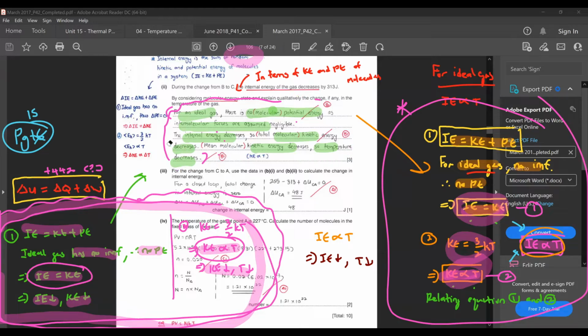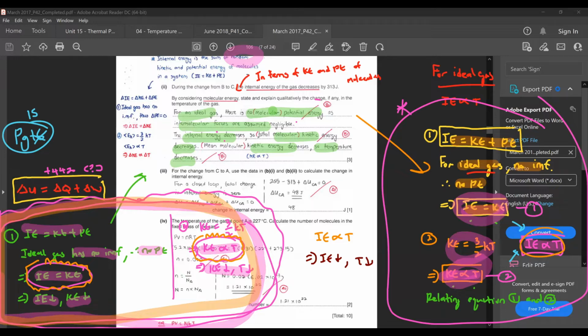The complete understanding is step by step, this one. But when you write the answers, certain things are omitted. Like IE is equal to KE, we never really said that. And KE is proportional to temperature, we also never really said that. It's understood that you already know this. That's why it's omitted.